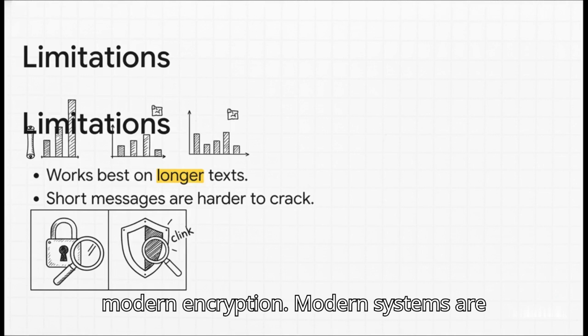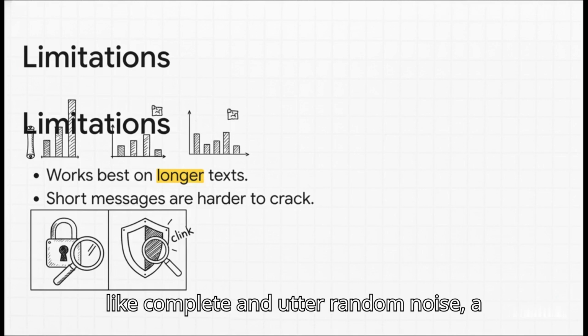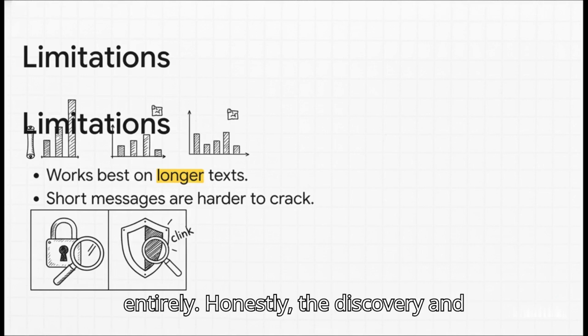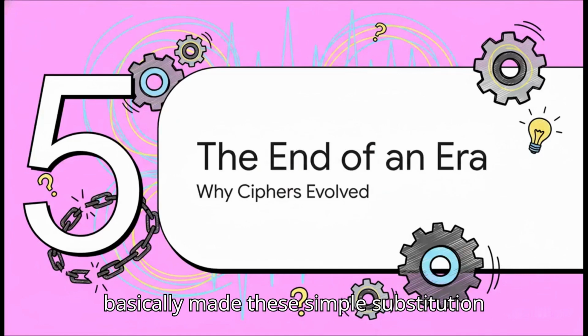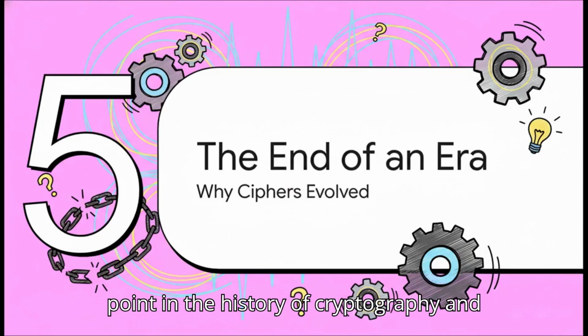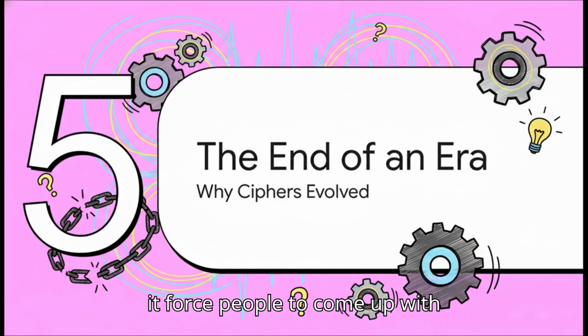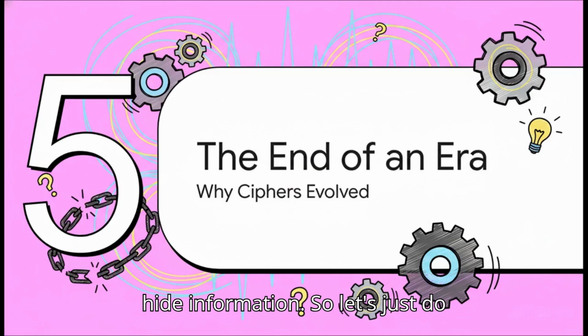Modern systems are specifically designed to destroy these patterns, to make the ciphertext look like complete and utter random noise, erasing that language fingerprint entirely. Honestly, the discovery and refinement of frequency analysis basically made these simple substitution ciphers obsolete. It was a huge turning point in the history of cryptography, and it forced people to come up with much more sophisticated ways to hide information.